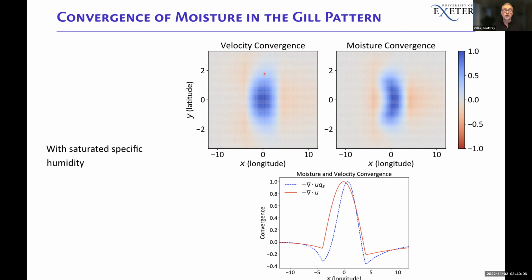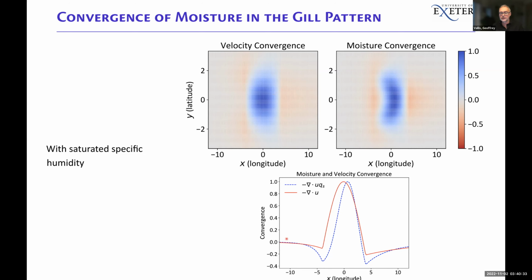So the velocity convergence is the divergence of the velocity in the Gill pattern, and it looks like this. The moisture convergence, which is the divergence of uq, looks like this, which is almost the same, but it's not exactly the same, and it's slightly to the east of the velocity convergence.